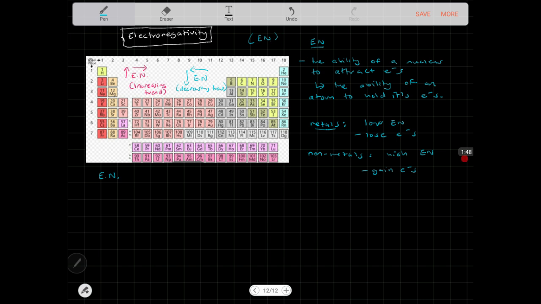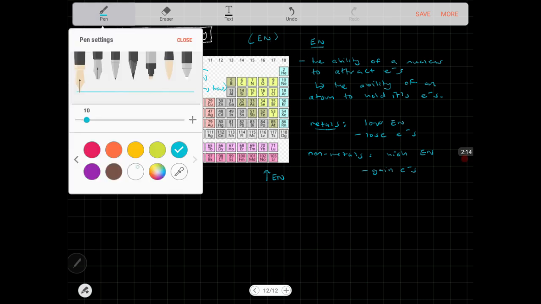So let's take a look at explaining the increasing trend, to the right of a period and up a group. Whatever we look at for the increasing trend, you can think about for the opposite scenario for the decreasing trend. So why does electronegativity increase to the right of a period?